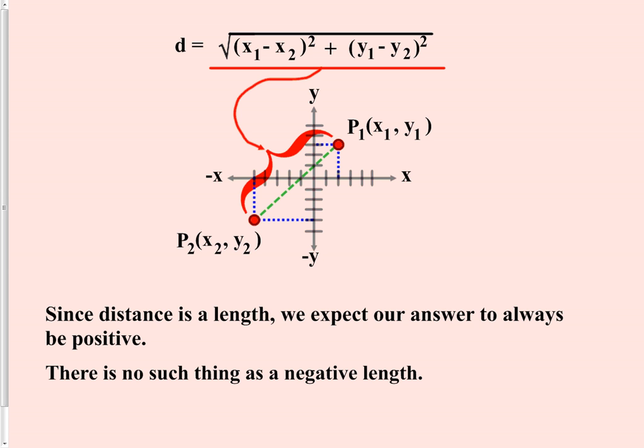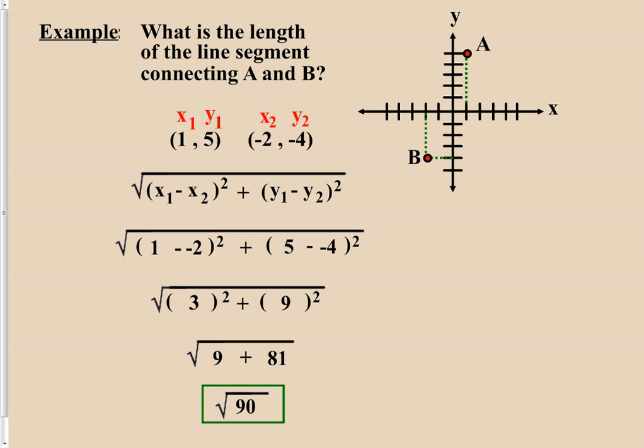So whether it's a positive number or a negative number, when you multiply it times itself, you're either going to get a positive times a positive or a negative times a negative. In either case, the result of that multiplication will be positive. Same thing with the difference of the y's. Since it's going to be squared, a positive times a positive will be positive, a negative times a negative will be positive. So you're always going to end up with positive values coming out of the distance formula. There's no such thing as a negative length.